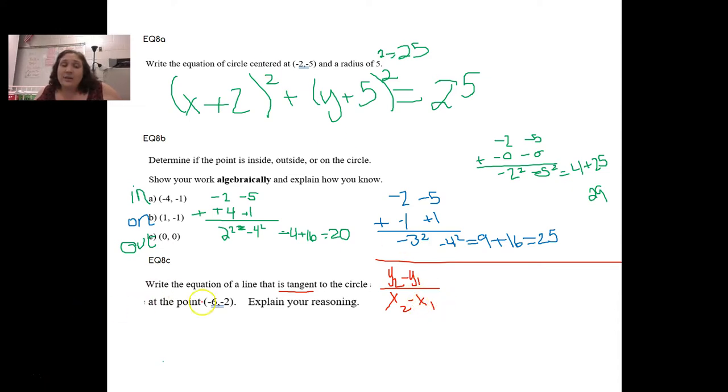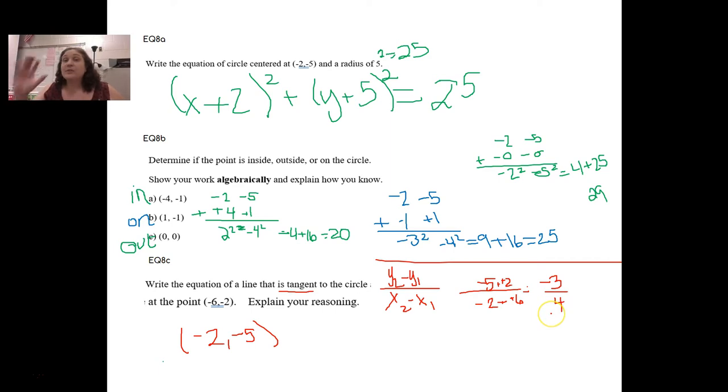Our other point is going to be the center of the circle, negative 2, negative 5. So all we're going to do is negative 5 minus negative 2 divided by negative 2 minus negative 6. These negatives in a row become positives. So we're left with negative 3 in the numerator and positive 4 in our denominator. So that's the slope of the radius.